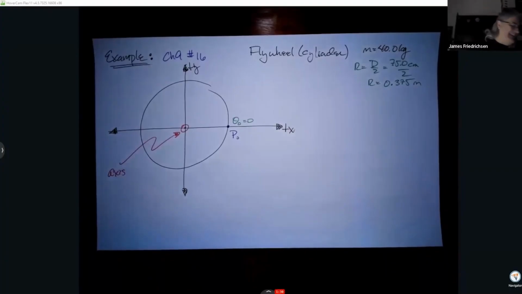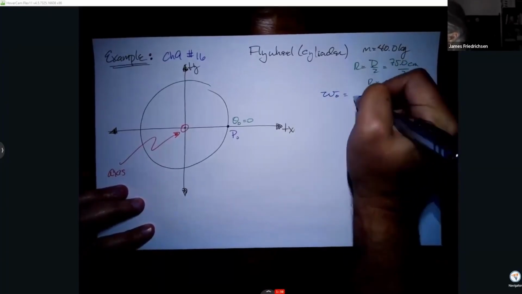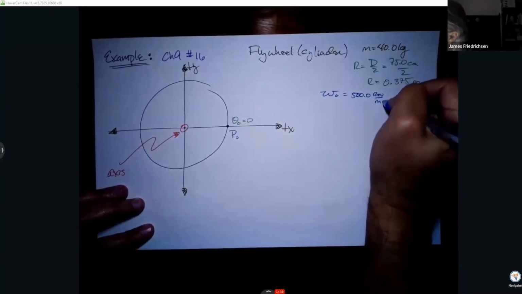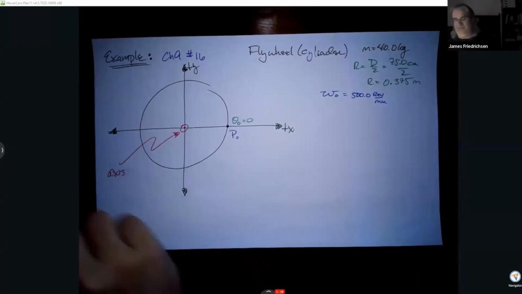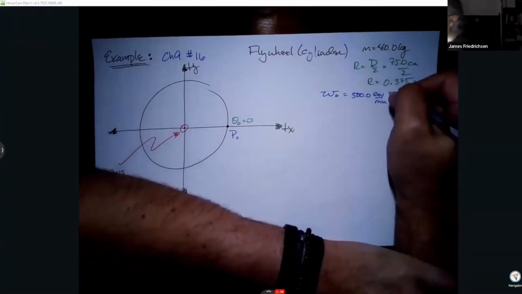And then it says that it was initially rotating at 500 RPM. So this will be our initial angular speed. Instead of RPM, we're going to write this as revolutions per minute, like this. And what we need is for this to be in SI units, right?